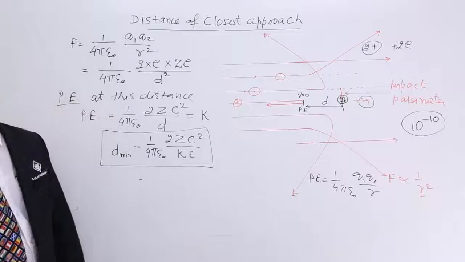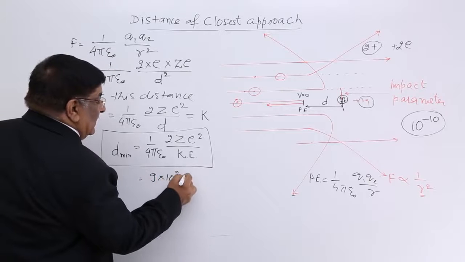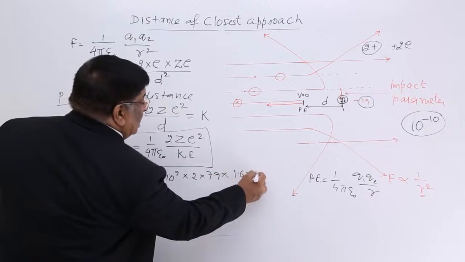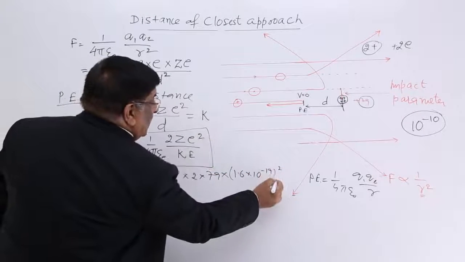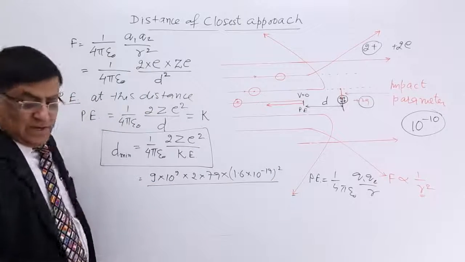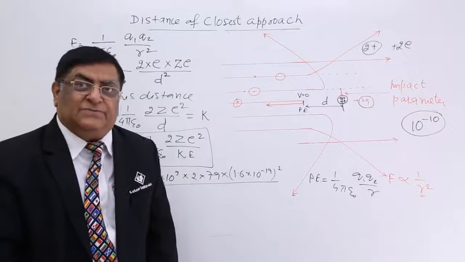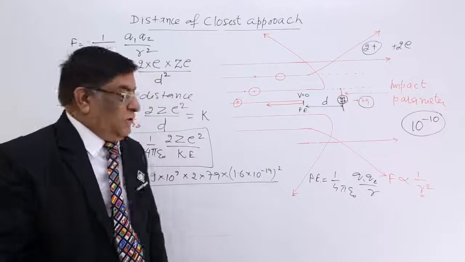So we write all these values and we get 9 into 10 to the power 9 into 2 into 79 into 1.6 into 10 to the power minus 19 whole square upon kinetic energy of the alpha particle, and that kinetic energy of the alpha particle is found to be 7.7 million electron volt.